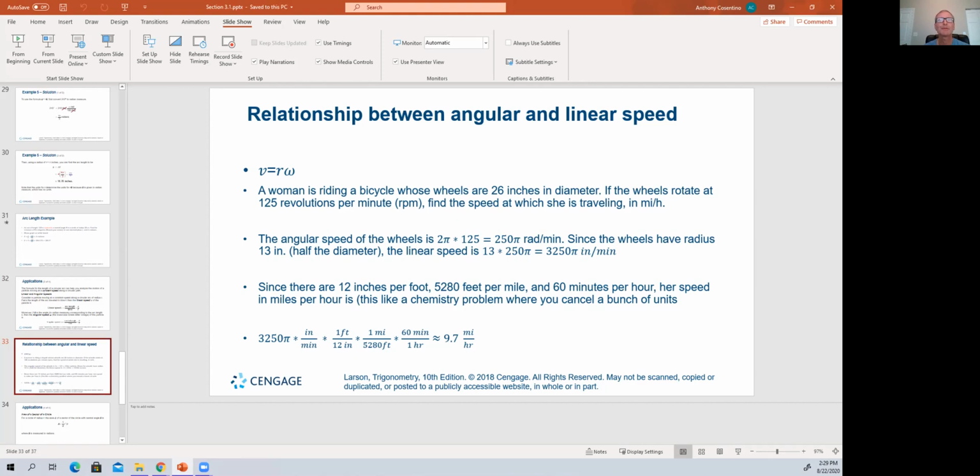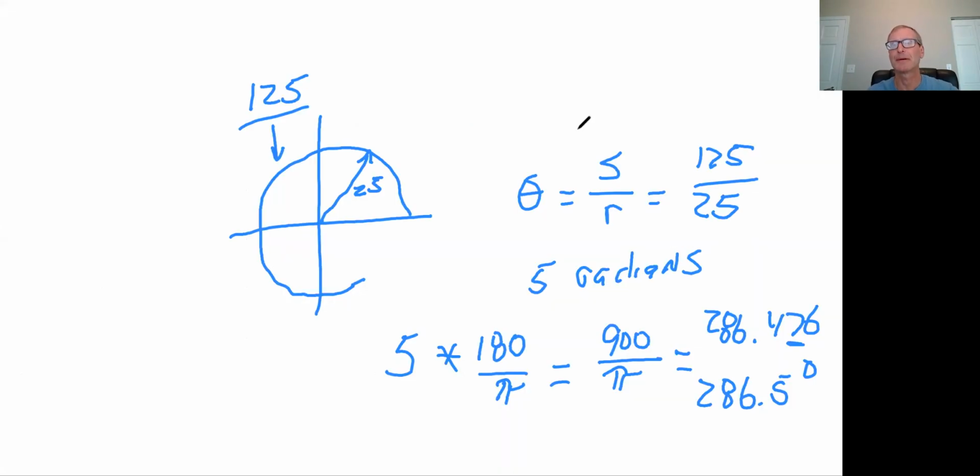So how do we do this calculation? Well, let me pull up the whiteboard here and walk through this a little bit. Okay, so we have the idea of this tire, or wheel. And the wheel has a diameter of 26 inches. So the diameter is from one end to the other where it passes through the center of the wheel.